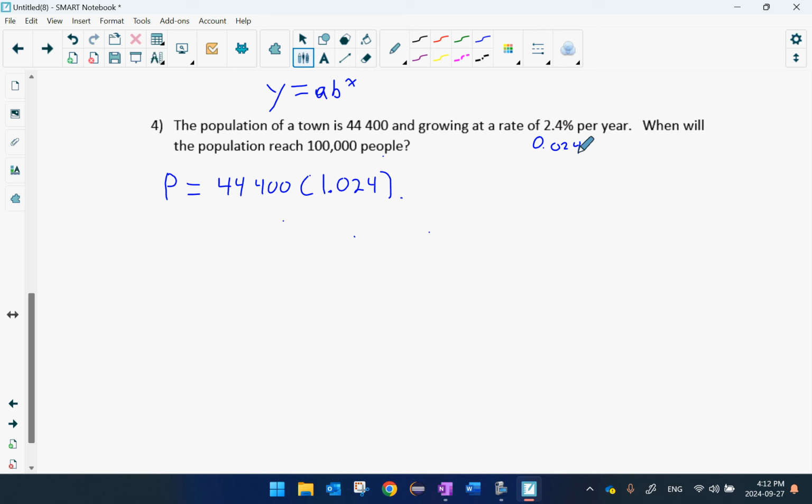Adding 1 to that gives us the multiplier we can use to the power of, I don't know, we could say n for number of years. So we're able to sub in into this equation and predict populations. You know, if we sub in n equals 10, maybe we get to 100,000. I don't know. But we want to figure out a population when it reaches, pardon me, a population of that.